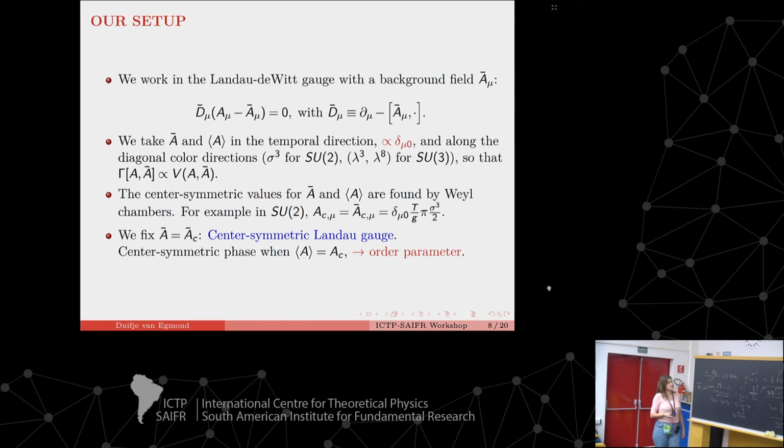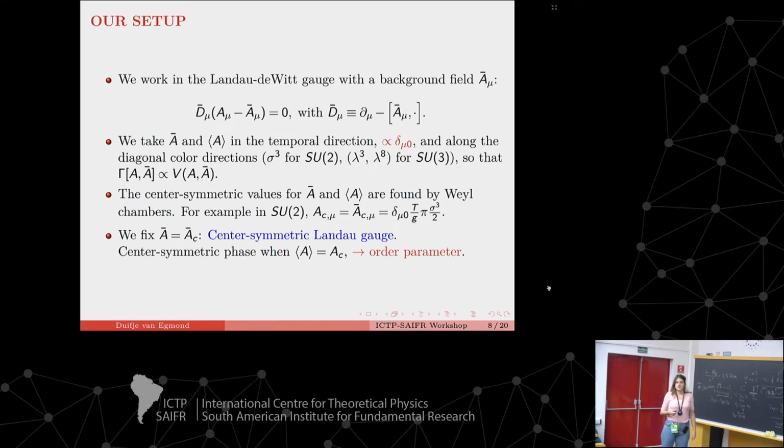So something about our setup. We work in this Landau-de Witt gauge with a background field A bar. We make some simplifications. We take A bar and, as a consequence, the 1-point function of A, which I would just call A now, in the temporal direction, so along the 0 direction, and also along the diagonal color directions, which is the third Pauli matrix for SU2 and the third and 8th Gell-Mann matrices for SU3.